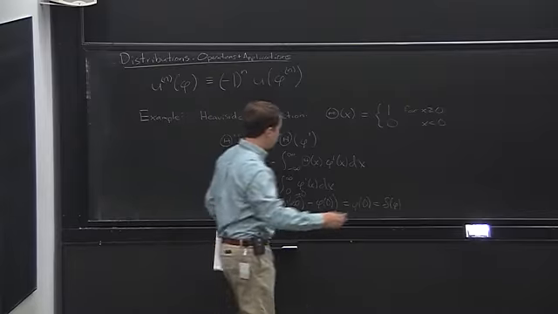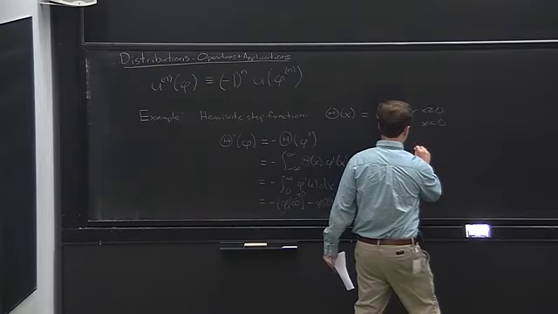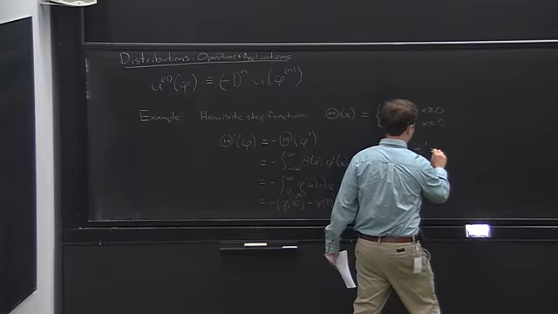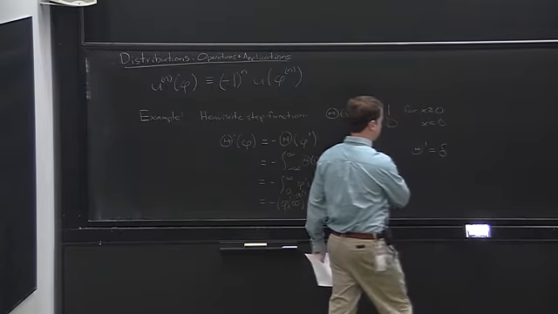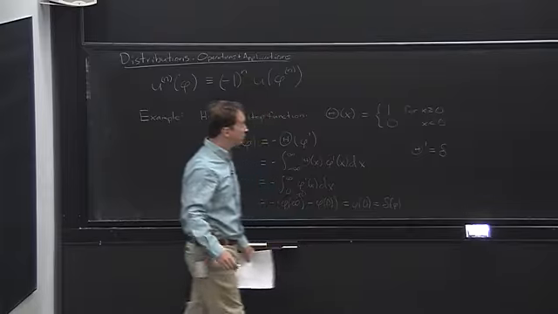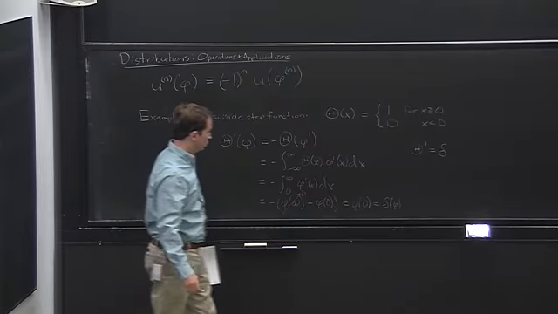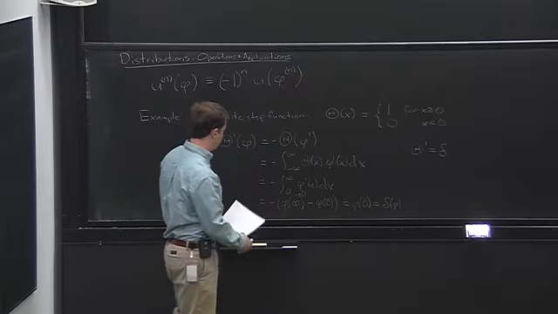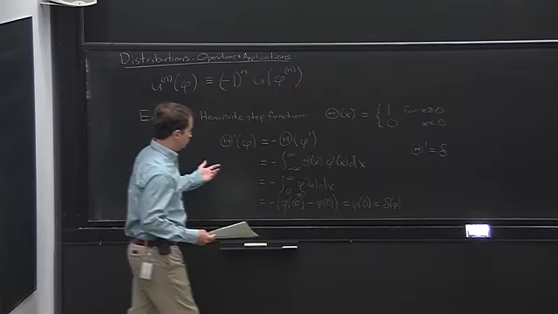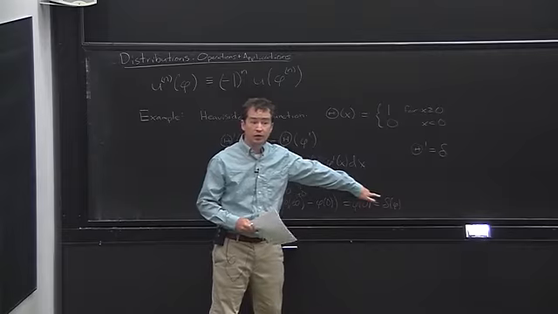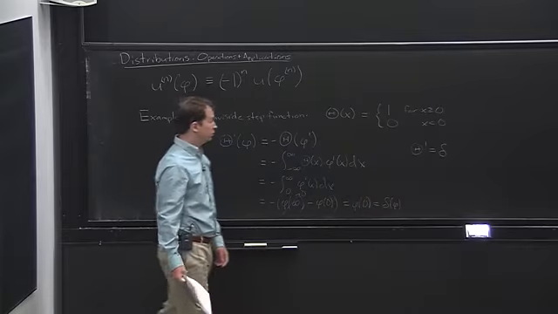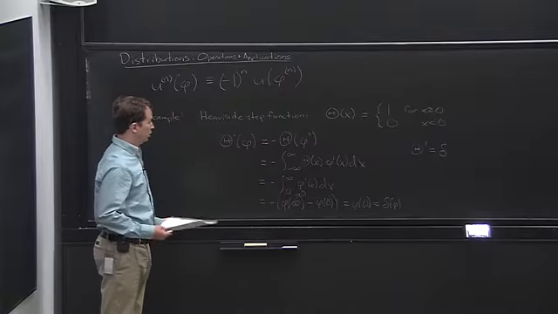So the derivative of this distribution is just Dirac delta, because this works for any test function phi. So the two distributions are equivalent.